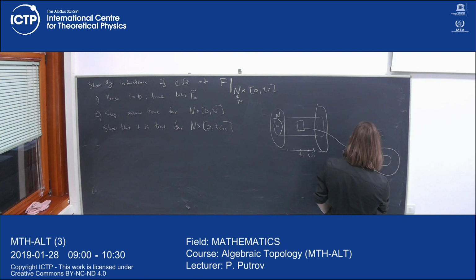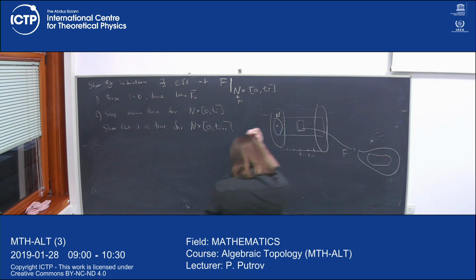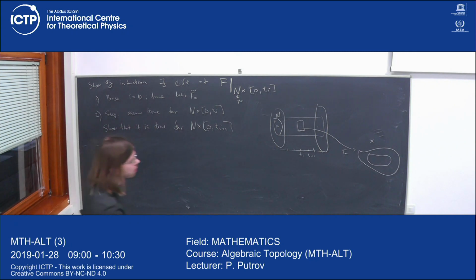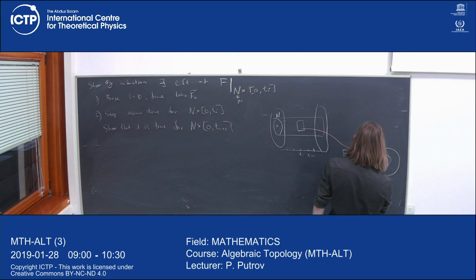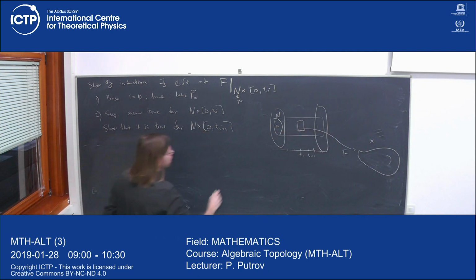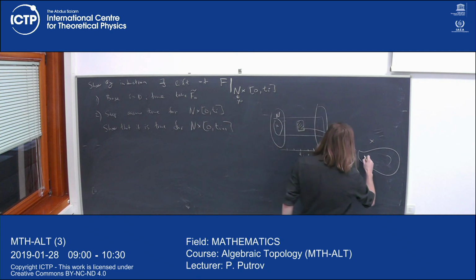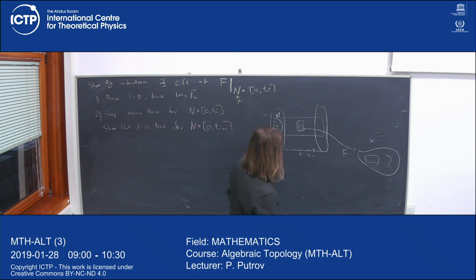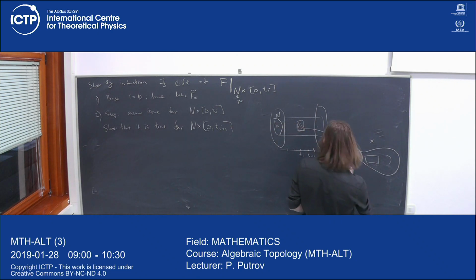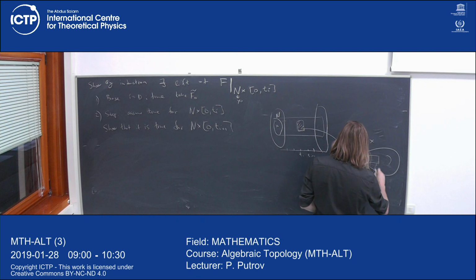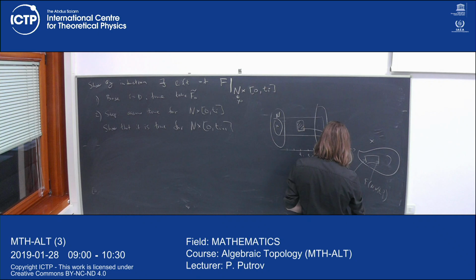So let me write it. This goes somewhere like this, and so let's say this would be the image of f of N times t_i. This is the image of f of N times t_i.